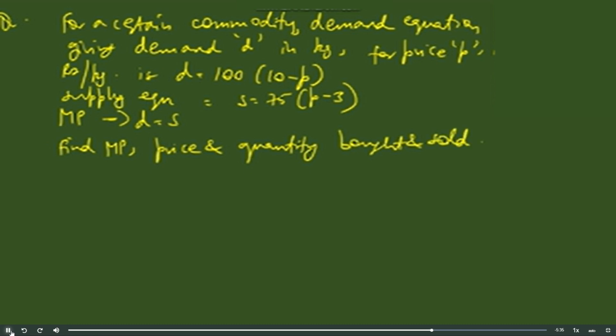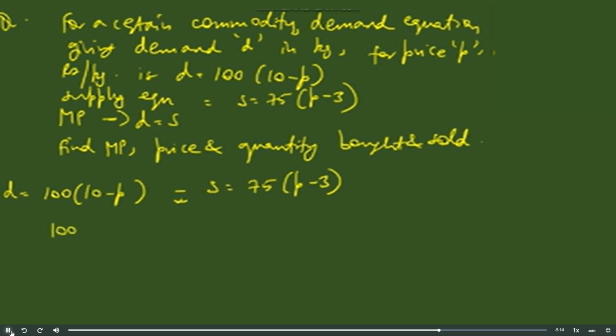Now, the demand equation is given: D is equal to 100 into 10 minus P. The supply equation: S is equal to 75 into P minus 3. Since market price means these two are equal, we just have to equate these two.